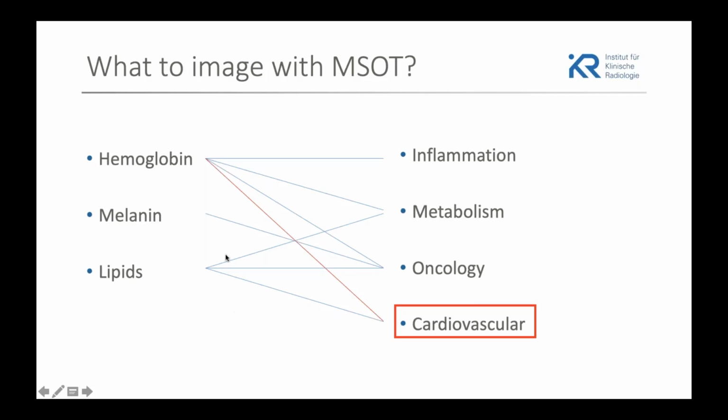And then you have metabolic applications like in brown adipose tissue, or you have lipids going also for cardiovascular imaging, but also in the context of this brown adipose tissue imaging. So you have a whole range where you can use your biomarker imaging in clinical settings. Today we will concentrate here on cardiovascular or vascular imaging mainly.